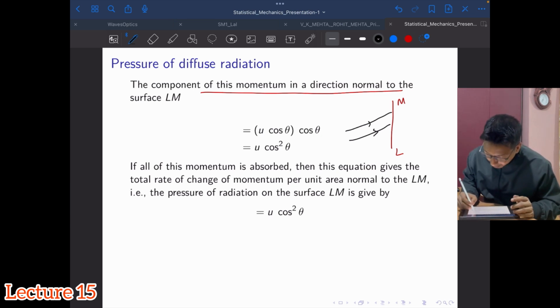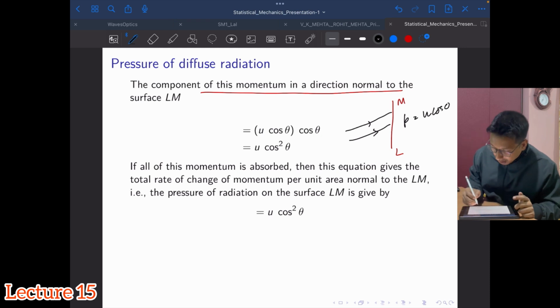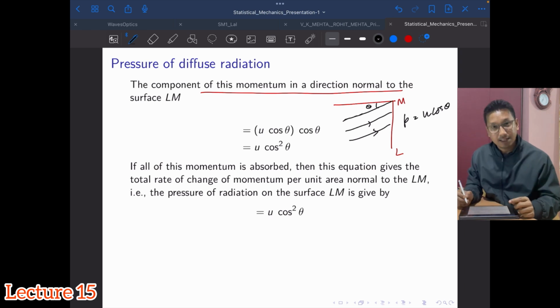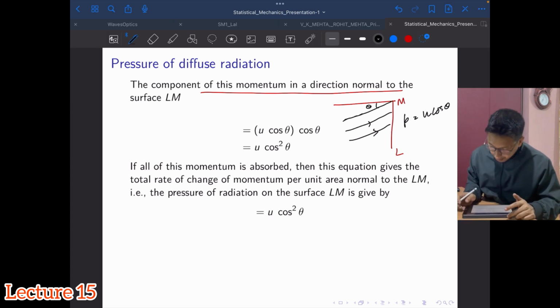The momentum being transferred to the surface is just given by u cos theta, with u the energy density. Now this momentum along the surface normal is what? This direction makes angle theta with the normal.